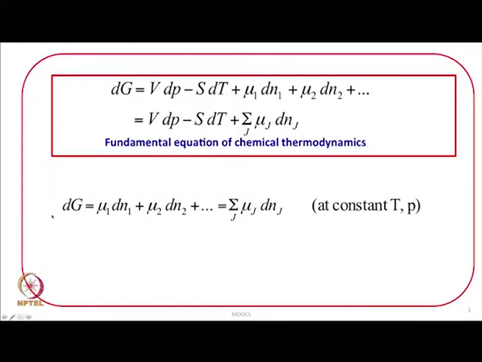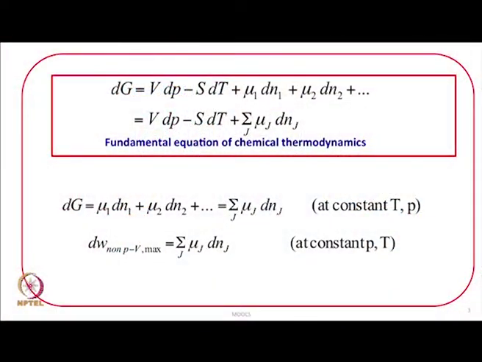And I again now connect this dG to our previous discussion, that the change in Gibbs energy at constant temperature and pressure is equal to the maximum non-pressure volume work that we can extract from the system.